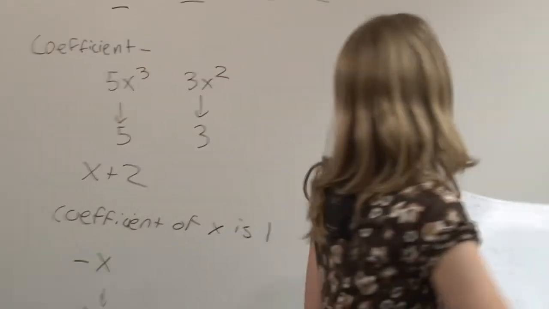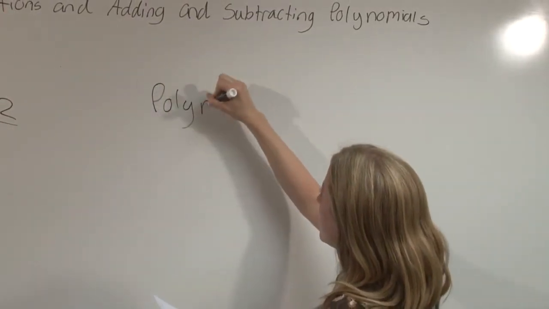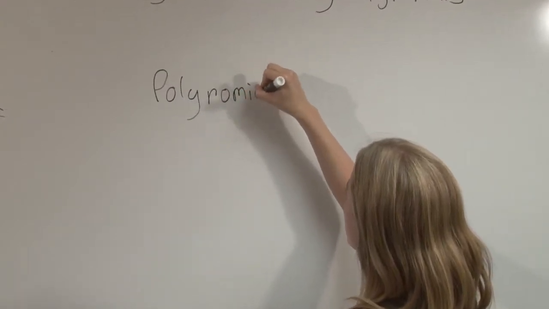So the topic of this chapter is something called a polynomial.